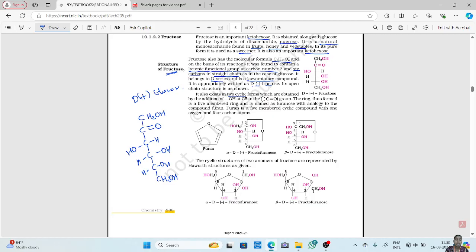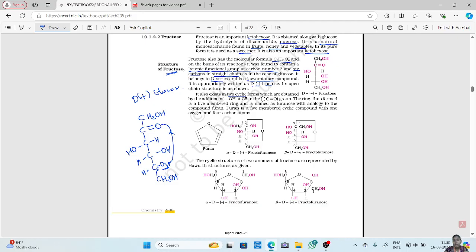Here also the OH from the fifth carbon is involved in the formation of a cyclic structure. The OH from the fifth carbon will bind to the ketonic group. In glucose, the OH from the fifth carbon was binding to the aldehyde group. Here it will bind to a ketonic group.